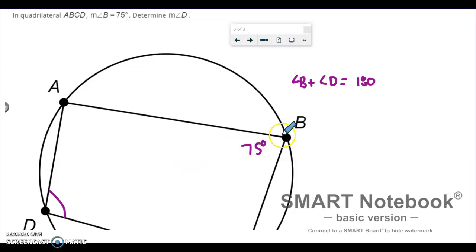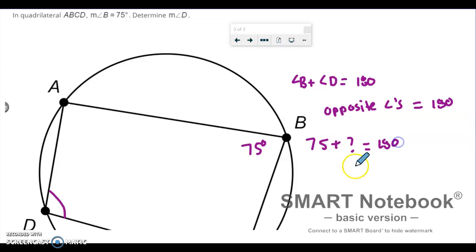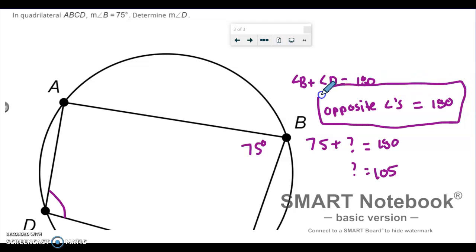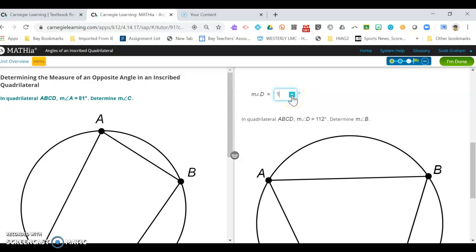Opposite angles are supplementary, so I know that 75 plus something is going to equal 180. What is that something? It's going to have to be 105. The key thing here, guys, is that opposite angles in an inscribed quadrilateral will always equal 180. So we'll type in for angle D, in my case, 105.